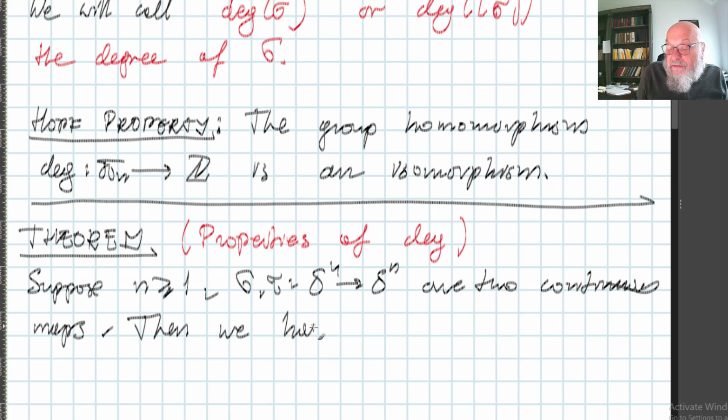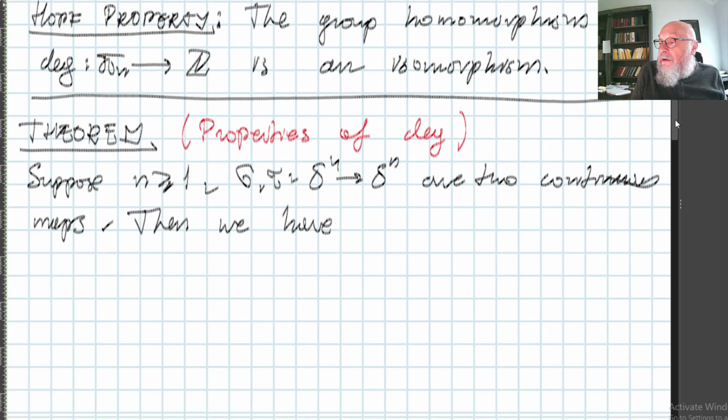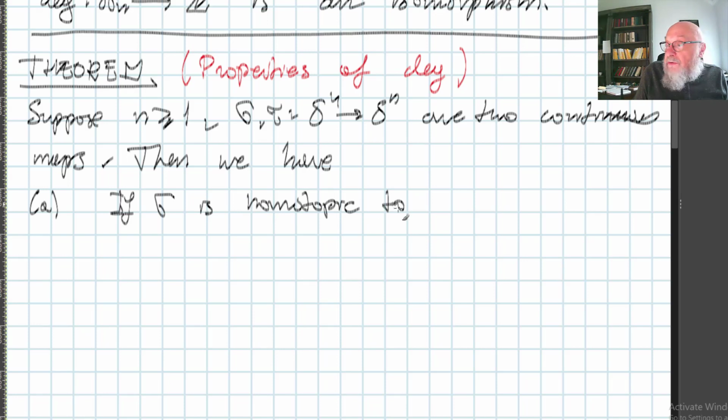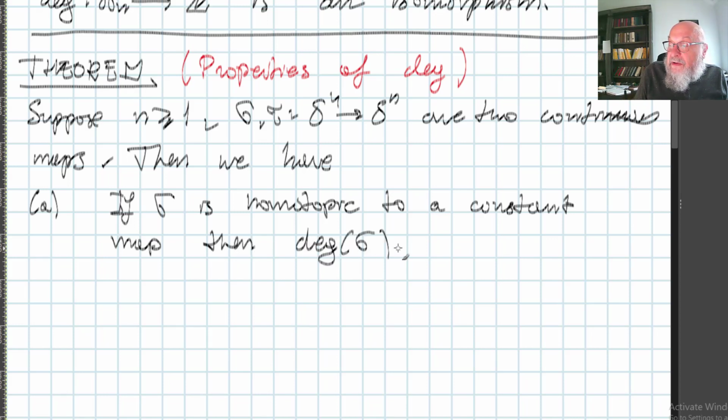A, if sigma is homotopic to a constant map, then degree of sigma is equal to 0.